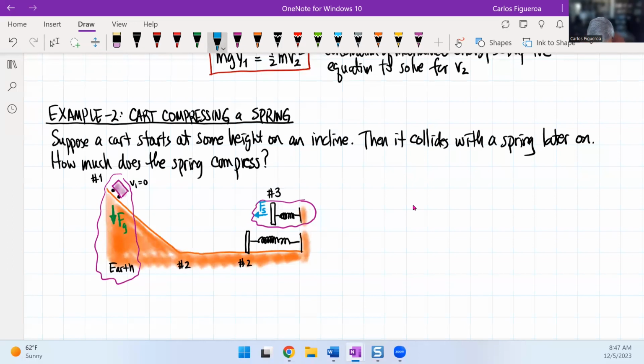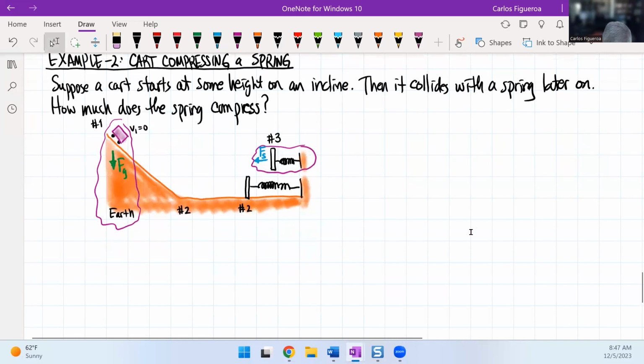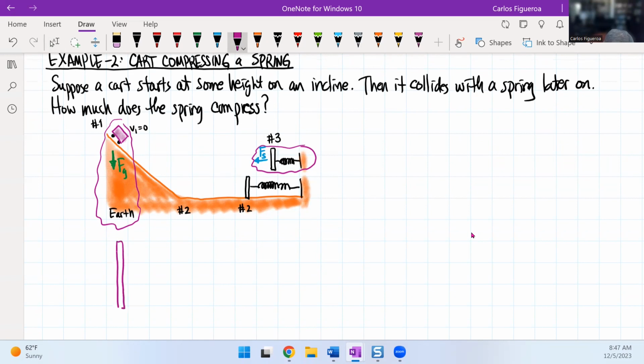So now let's draw a bar diagram for this system. If I look at a bar diagram, here's what I'm going to find. I'm going to start off with a system here that has a constant mechanical energy because we've already agreed that there's no external work.